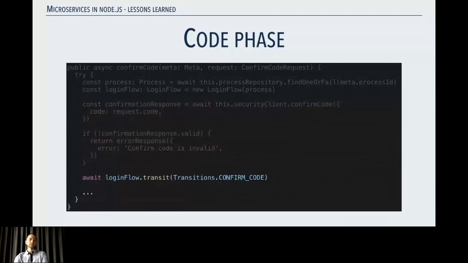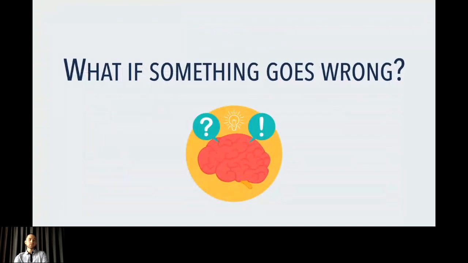Okay, but it usually happens that something goes wrong, even if we have very fancy tools, very fancy tests. There might always be some kind of very specific situation when something goes wrong. And usually for that purpose, we are using logging.